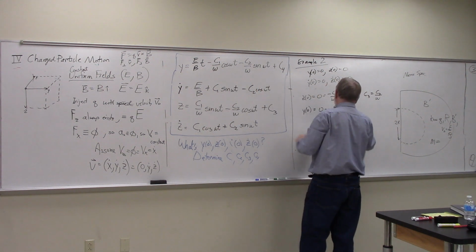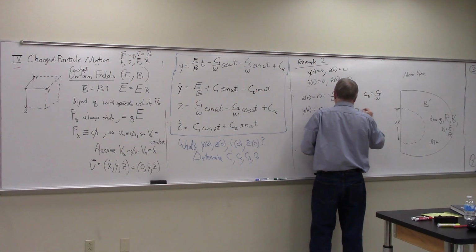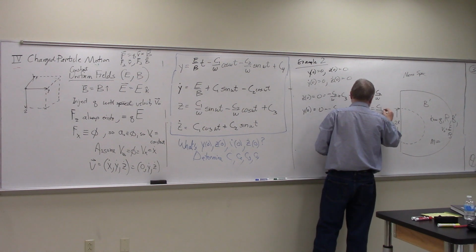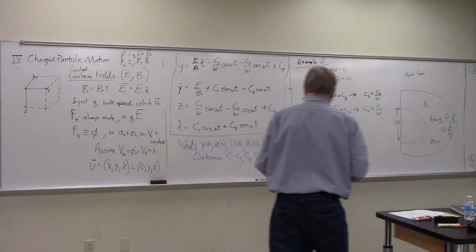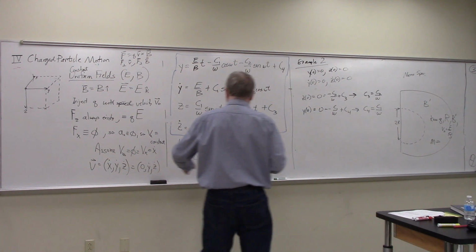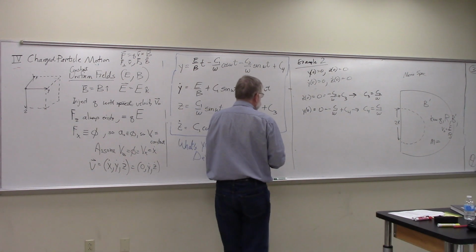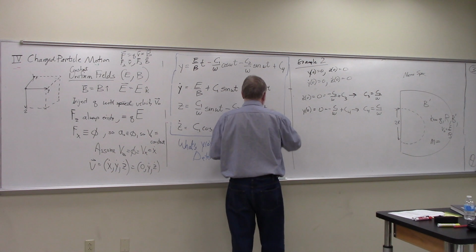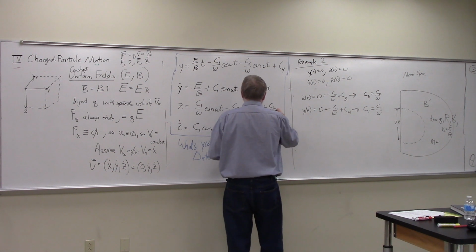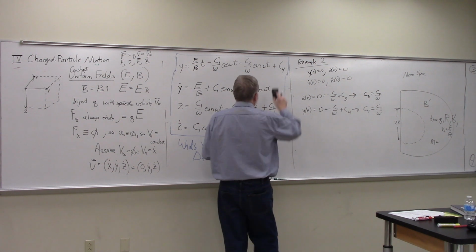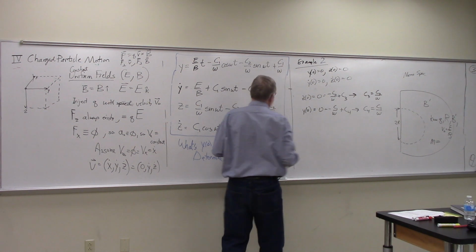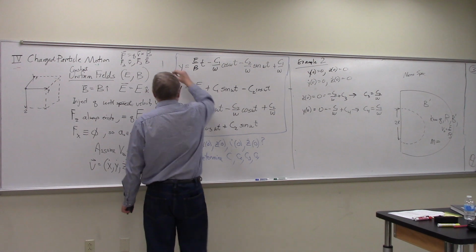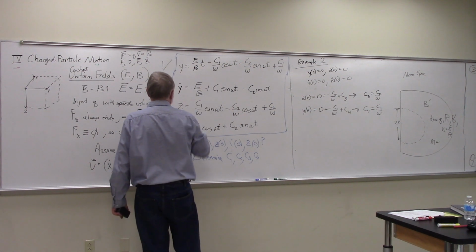This tells me c4 equals c1 over omega. Let's go ahead and make those changes. Every place there's a c3, we can change it to say c2 over omega. Every place there's a c4, we can change it to say c1 over omega. And I've used this equation, and I've used that equation.